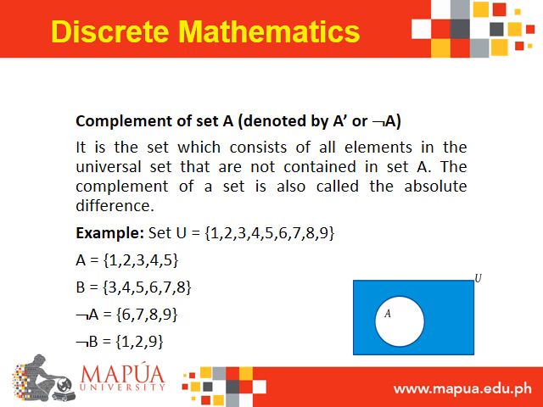And the complement of set B would mean values 1, 2, and 9. Note that the complement of a given set is also equivalent to your universal set minus that given set, which is why some textbooks prefer to call this operation absolute difference.